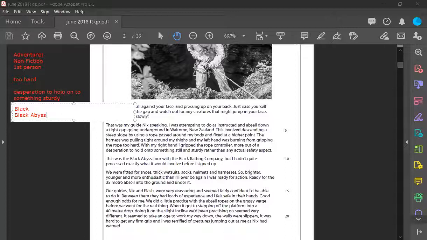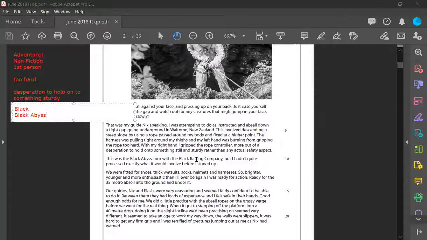And this is further established by "but I hadn't quite processed exactly what it would involve before I signed up." So, over here, saying that the writer actually did not know all that it contained before signing up for this tour shows some sort of regret in the writer's writing.